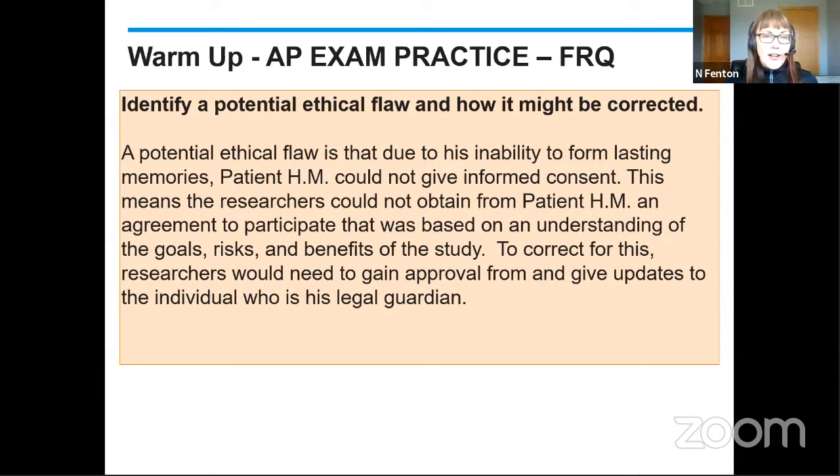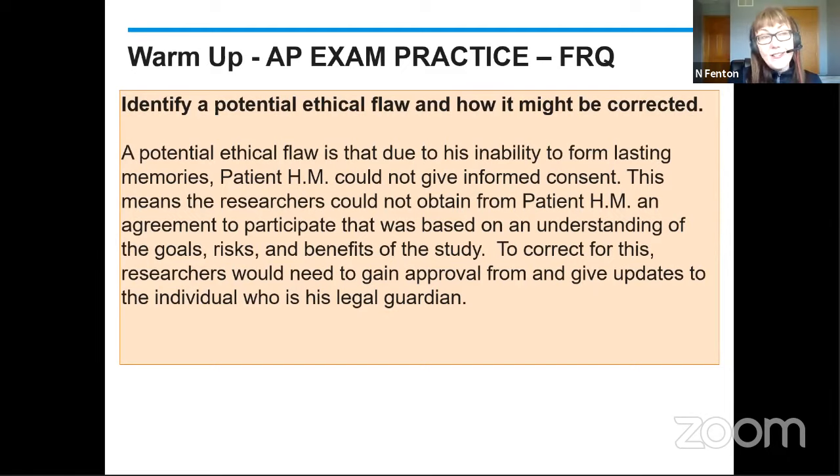So one potential flaw is that because patient HM couldn't form lasting memories, right? So if you were to explain the study or the research you wanted to do with him, he would understand you in the moment, but then a minute later, he wouldn't even remember having the conversation. So an individual like that couldn't possibly give informed consent. So the researchers have to find a way to do this.